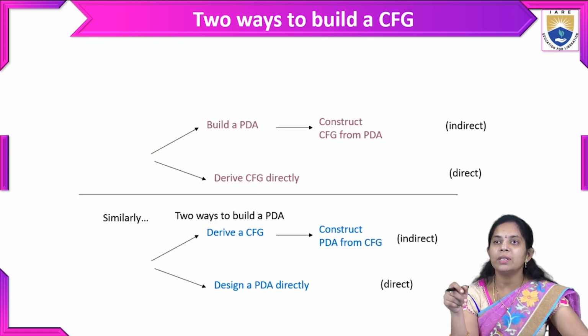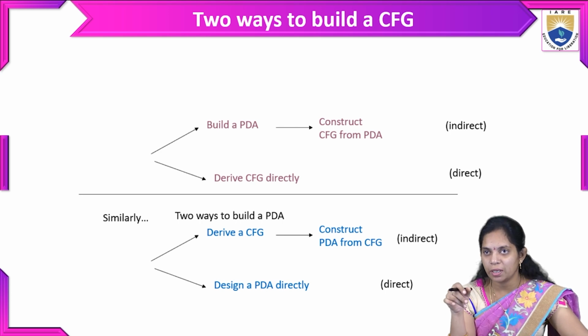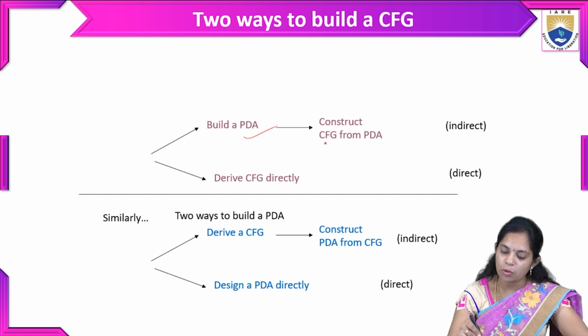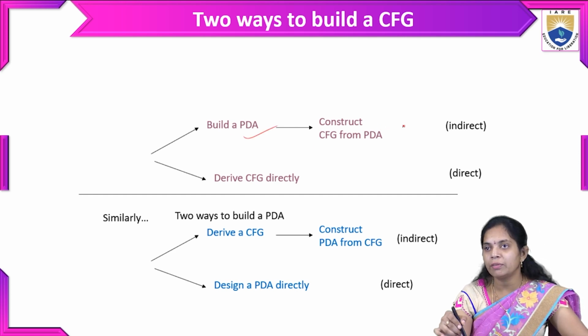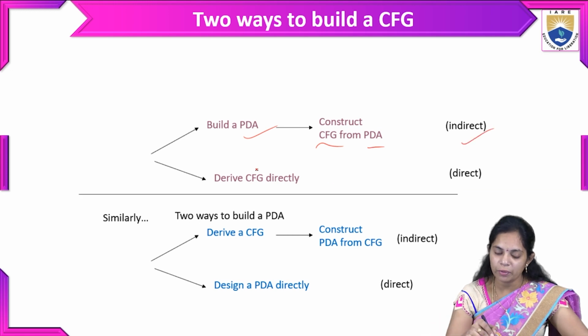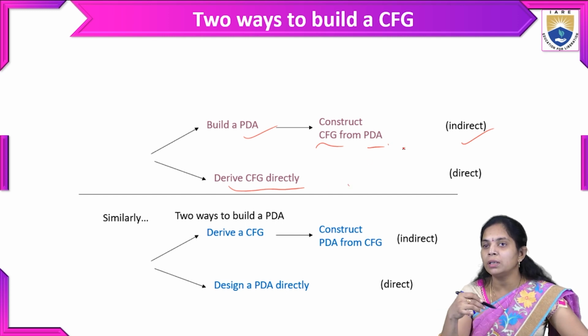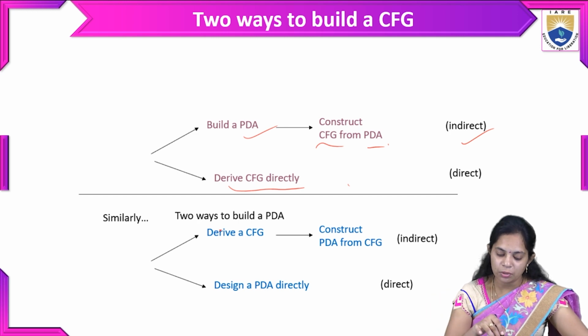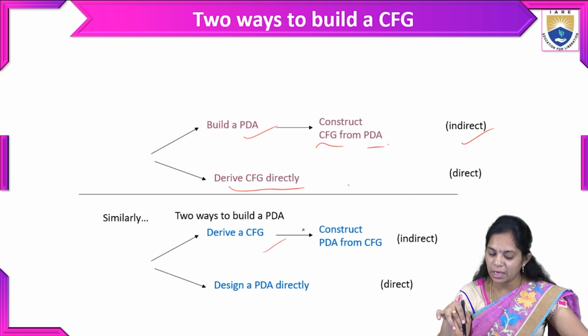And here are the two ways to build a context-free grammar. We already discussed building a push-down automata: we can construct it directly from CFG to PDA, and this is the indirect way. We can also derive a CFG directly. So this is direct and indirect. If they give the input in one form, we have to convert that into another form. That is the indirect way. And here, for the same thing, derive a CFG.